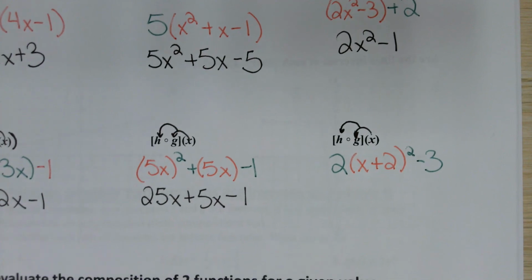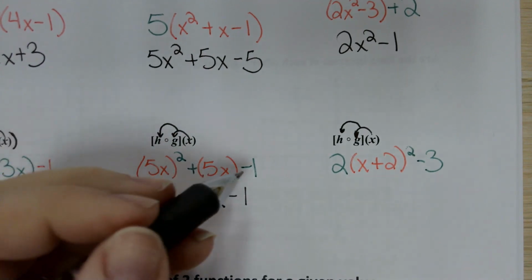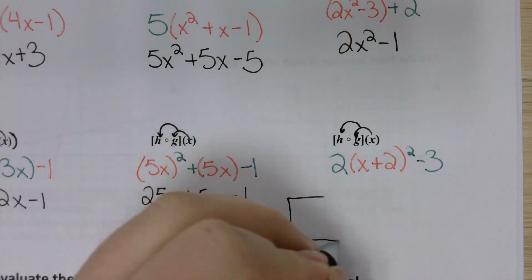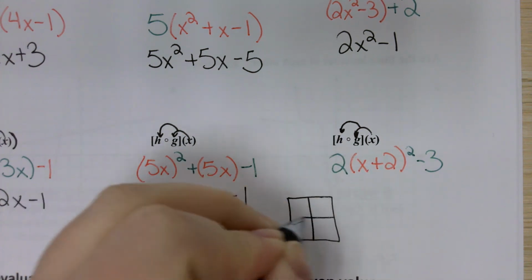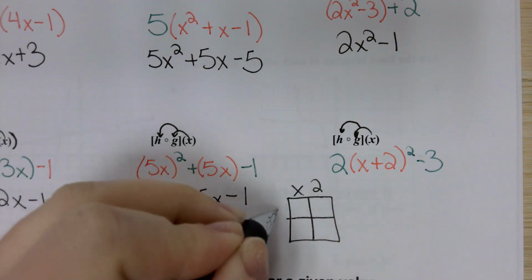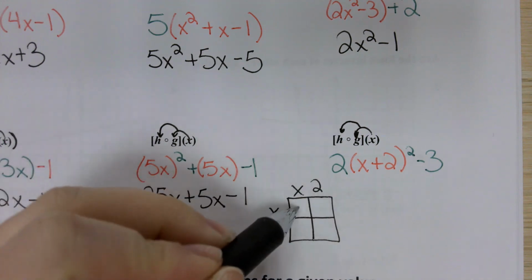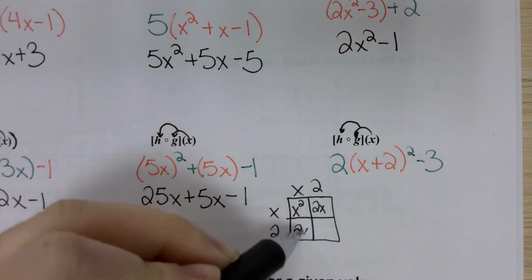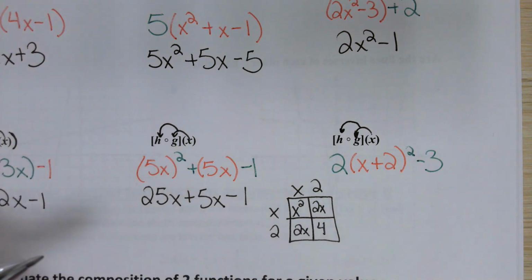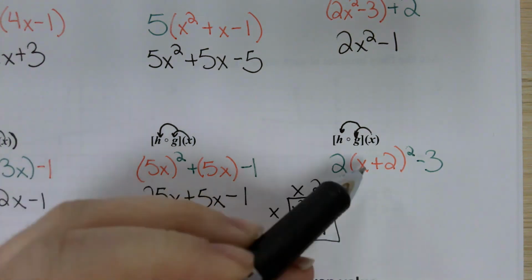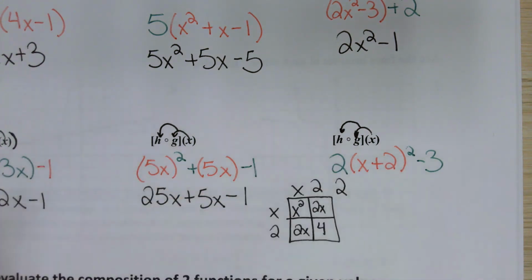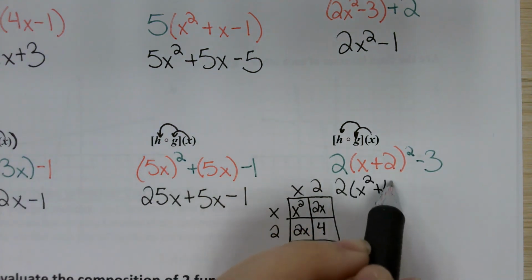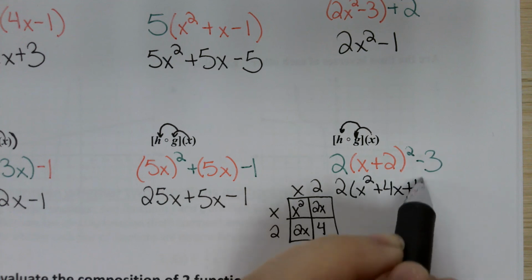Now remember, when something is squared, it means that it is something times itself. So x plus 2 times x plus 2, fill in your box: x squared, 2x, 2x, and 4. That means that really this x plus 2 squared is x squared plus 4x plus 4.